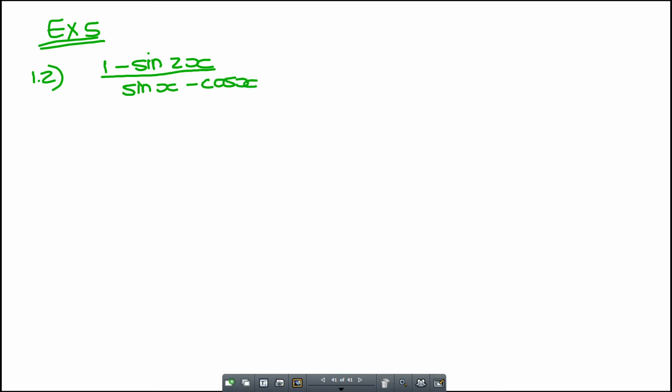Okay, 1.2. Hulle sê vir my 1 minus sin 2x over sin x minus cos x is equal to sin x minus cos x.